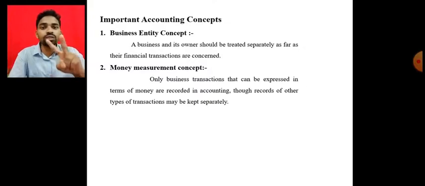The 2 tons of stock cannot be recorded because it has no money value. Suppose the stock is worth rupees 1 lakh, then we can record it. Similarly, we cannot record 5 machines, but we can record that each machine's price is rupees 1 lakh and the total cost of 5 machines is rupees 5 lakh. So we have to record in terms of money.